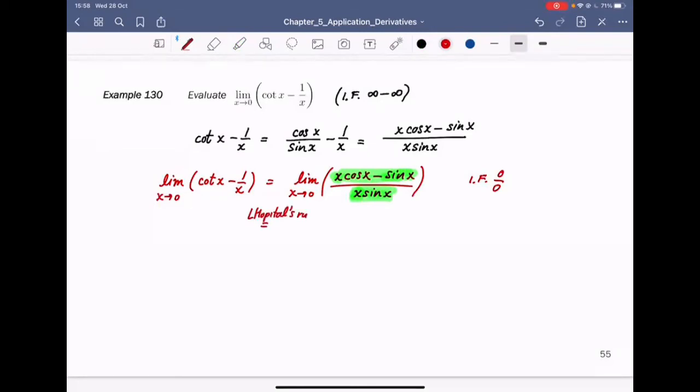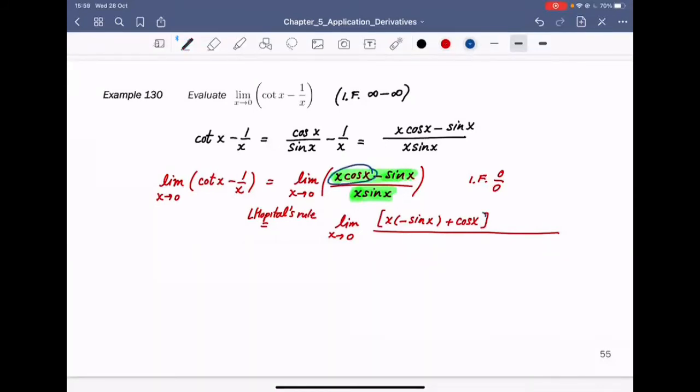For the first time, I'm going to differentiate the top one. I differentiate x cosine x, and what happens is I get x times negative sine x, and then plus cosine x. This is by the product rule. Hopefully you can follow me.